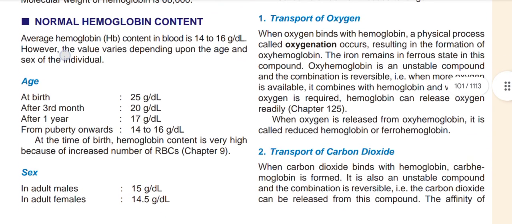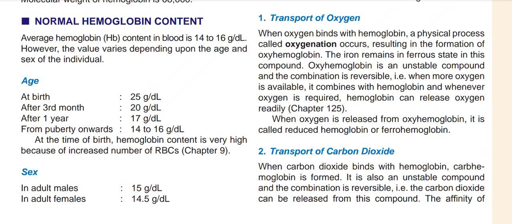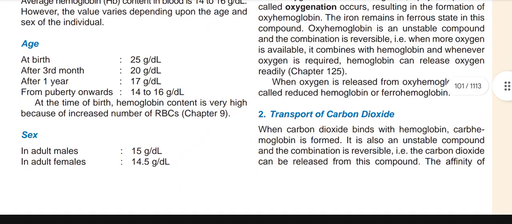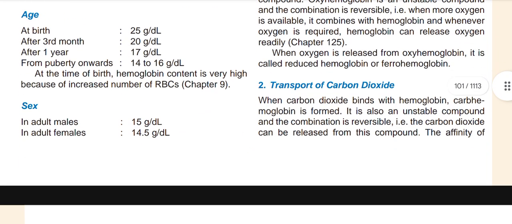The iron remains in ferrous state in this compound, and oxyhemoglobin is an unstable compound and the combination is reversible. So when more oxygen is available, it combines with the hemoglobin, and whenever oxygen is required, the hemoglobin can release oxygen readily. When oxygen is released from oxyhemoglobin, it is called reduced hemoglobin or ferrohemoglobin.